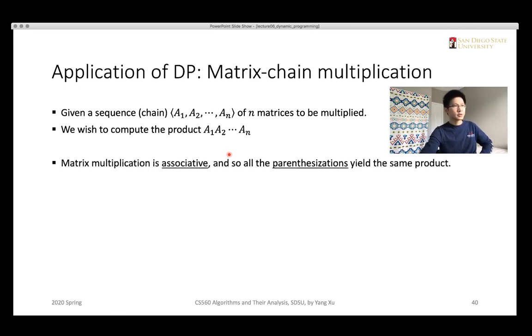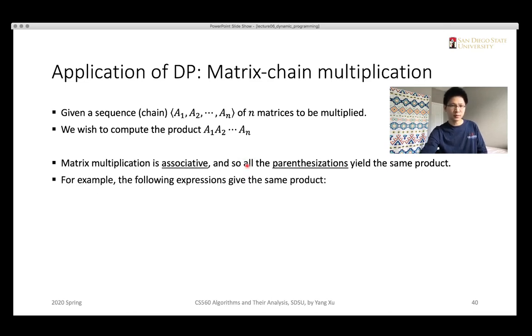This is an interesting problem because matrix multiplication is associative. That means you can put parentheses into different places in the product, but it will yield the same product.